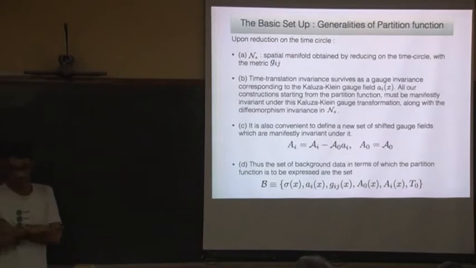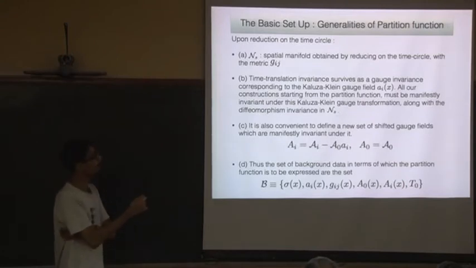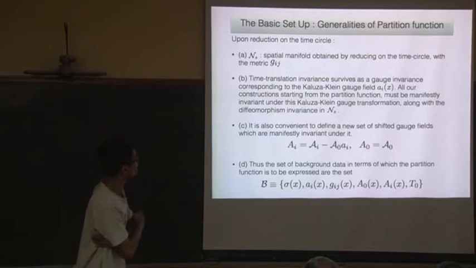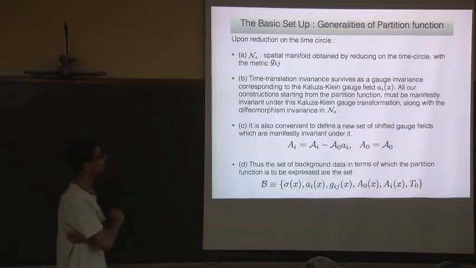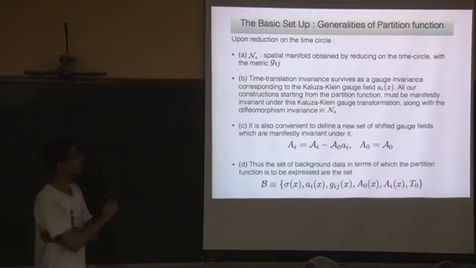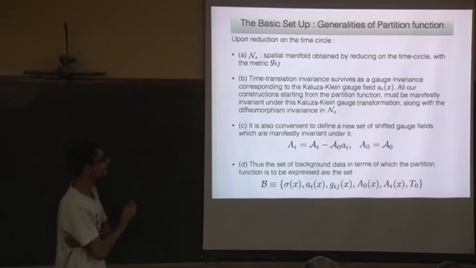This is the full manifold after reduction, and the time translation invariance will survive as a gauge invariance corresponding to the Kaluza-Klein gauge fields. All our constructions, starting from the partition function, must be manifestly invariant under this Kaluza-Klein gauge transformation of the small a_i's, along with the diffeomorphism invariances in the other coordinates on N_s, which are the x^i's. It's also convenient to define a new set of shifted gauge fields.